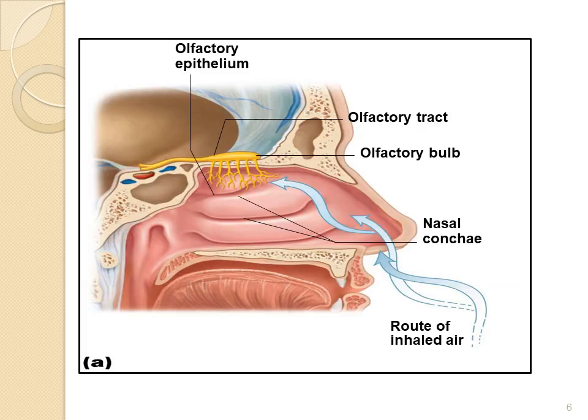You can see in this picture the route of the inhaled air. The odorant can enter the nasal conchae, and when it enters, it reaches the olfactory epithelium. Above the olfactory epithelium is the olfactory bulb.